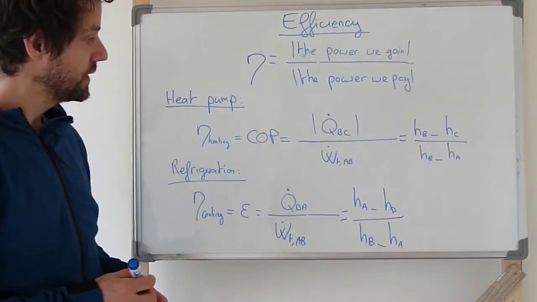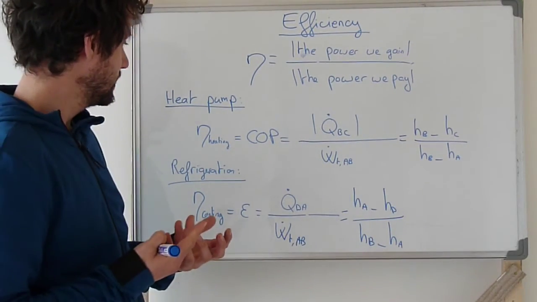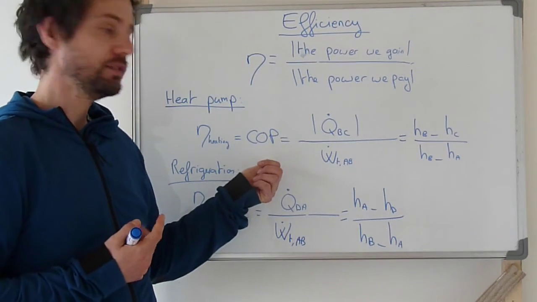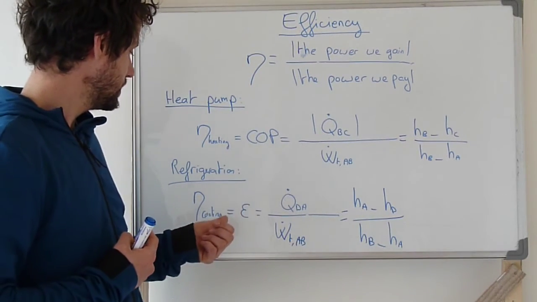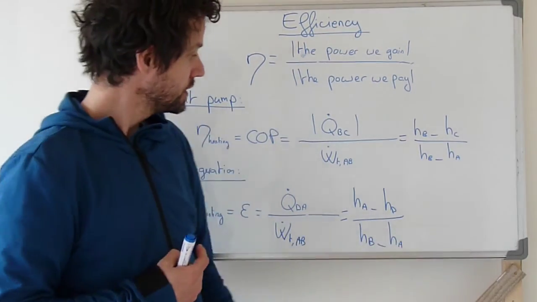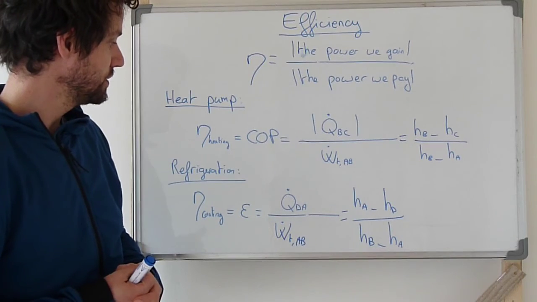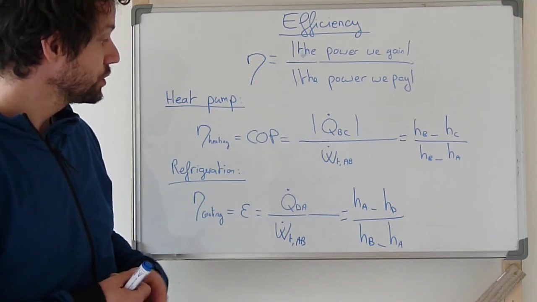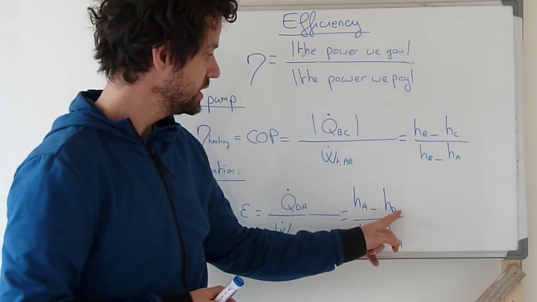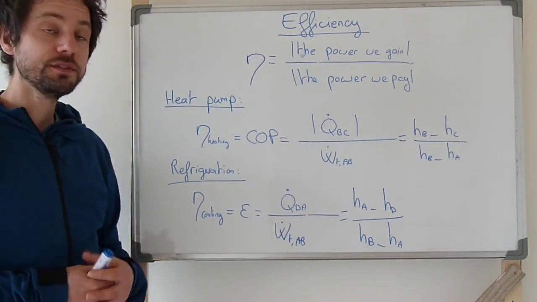You can note that for a given machine, the coefficient of performance is equal to the cooling efficiency plus 1. That is just due to the way it is written, and to the fact that HD is equal to HC. So that's it for the efficiency.